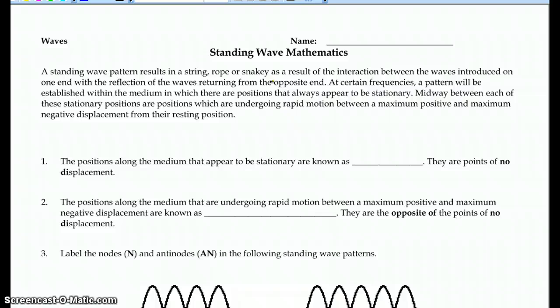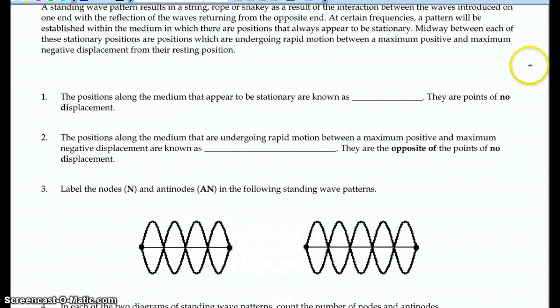So if you look at an actual device like a rope, a string, or a spring that's made up of different coils, at its rest position it would be just a straight line across. Now once we start this interference pattern, we're going to get places where the medium appears to be stationary, and those are called nodes.